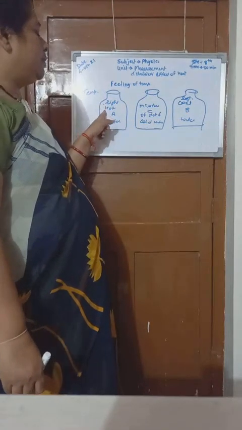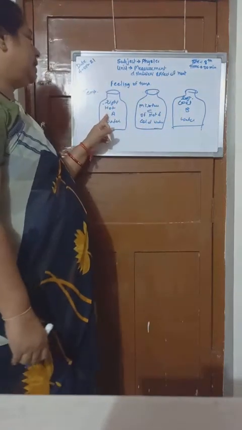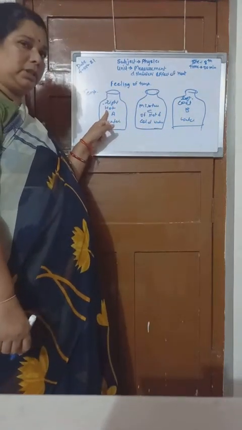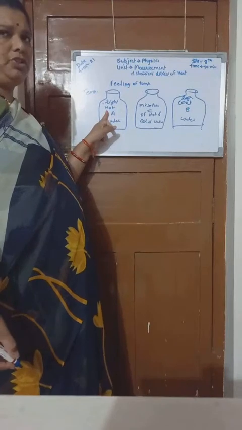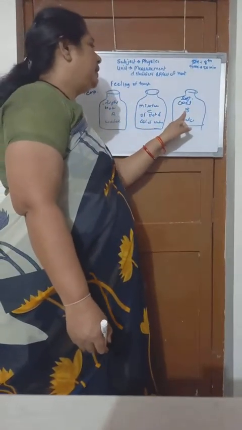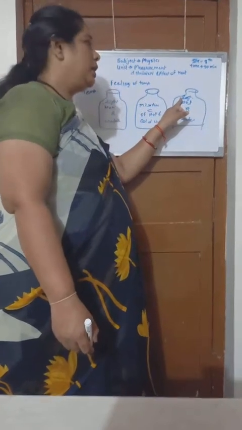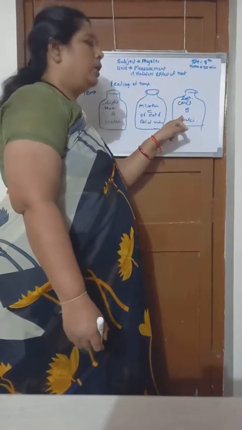As vessel A contains hot water, we feel hot naturally, and as vessel B contains cool water, the left hand will feel cool.